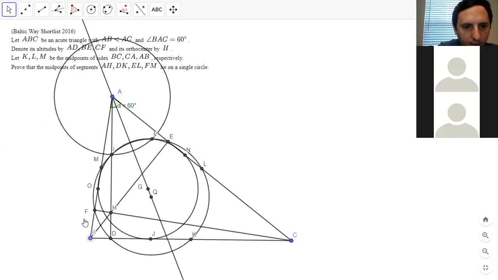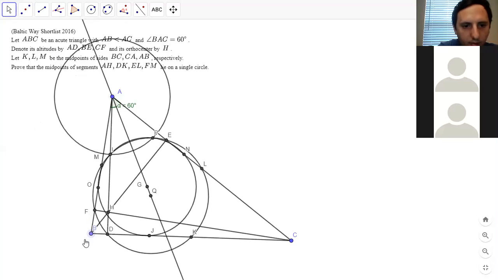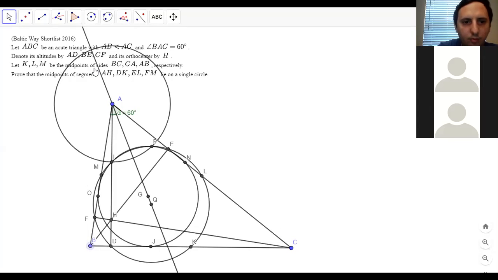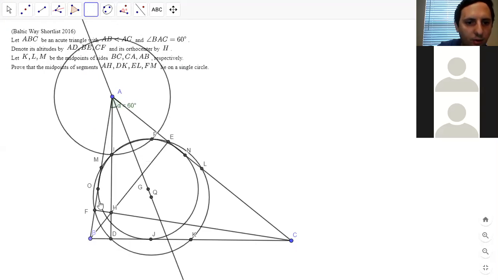So maybe that's obvious for the 9-point circle. So AP passes through the circumcenter. Oh yeah, because they would be isogonal conjugates. So H and O are isogonal conjugates.